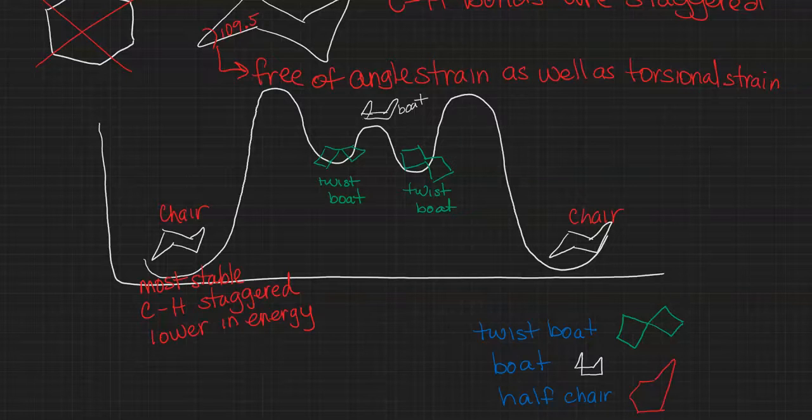And a half chair would be the least stable, because it is higher in energy.